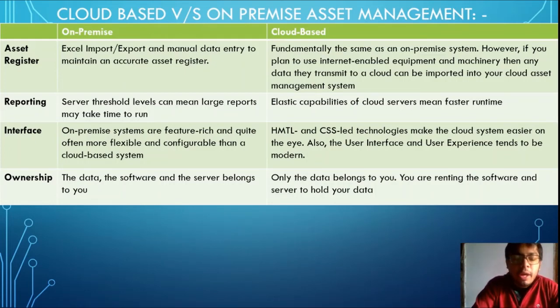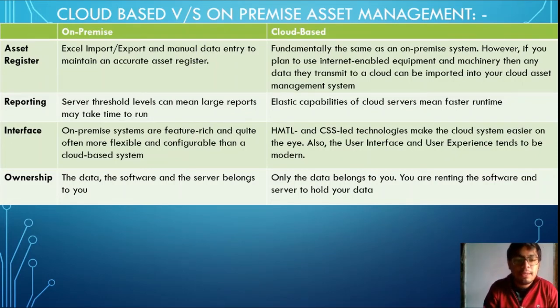So when we are using on-premises, the reporting time can be large, and the failure of the server will happen one or two hours before, but we are not getting any error message. And it takes a lot of time to identify where the issue is. But in a cloud-based system, the runtime is much faster than on-premises.